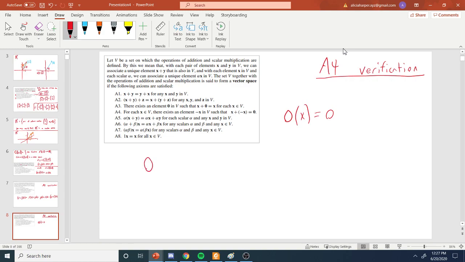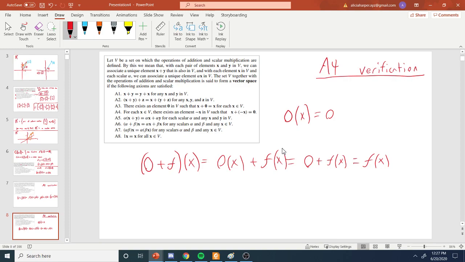Now, if we add 0 plus f to any continuous function f, then this is the same thing as 0 of x plus f of x. But 0 of x is just 0. And when you add 0 to any real number, you just get your real number back. So this shows that 0 plus f of x is equal to f of x. So that verifies A3. Now let's do A4, which is the one we actually want to do.